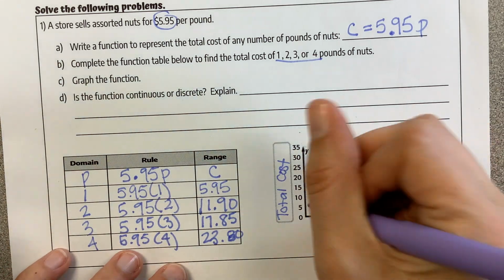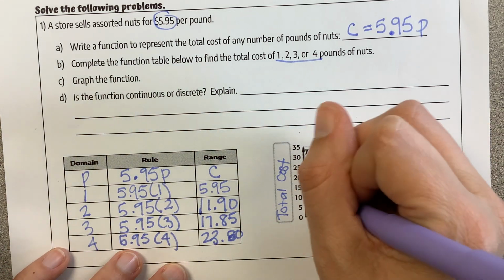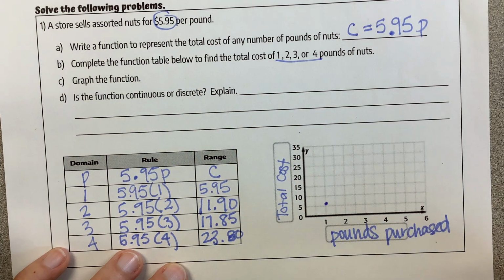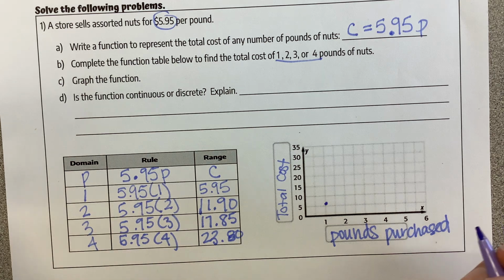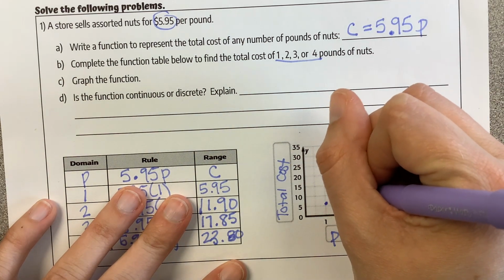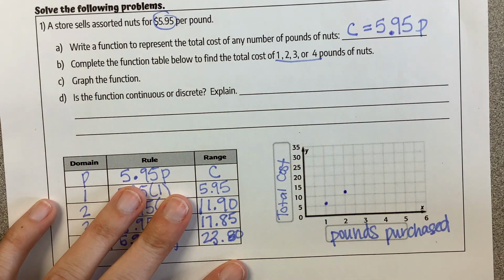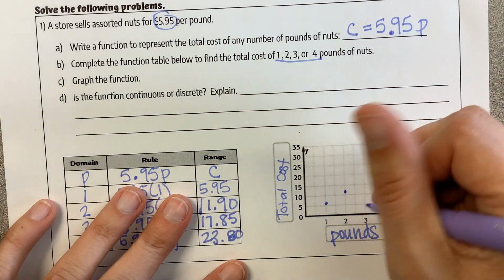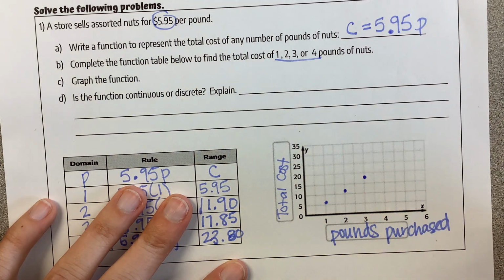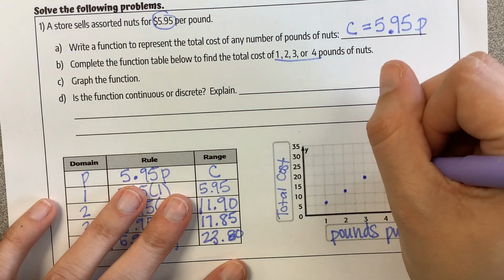So at 1 pound, it was about $5.95. 2 pounds, it's at about $11.90. 3 pounds, it's at about $17.85. 4 pounds is about $23.80.